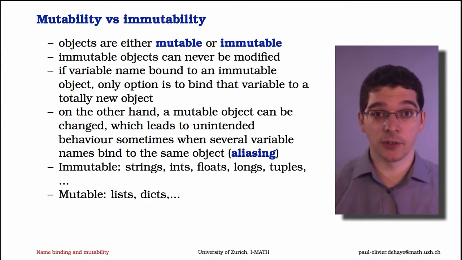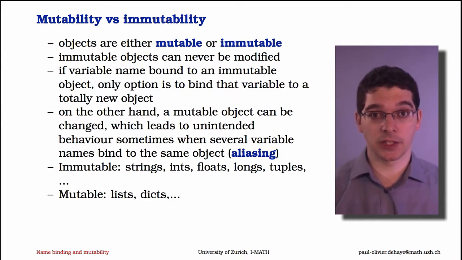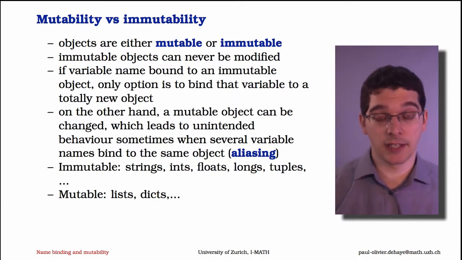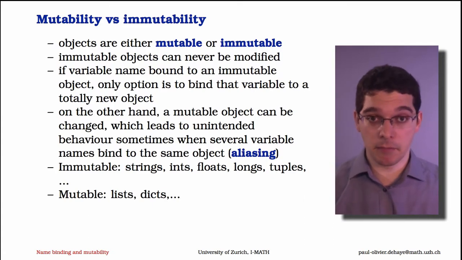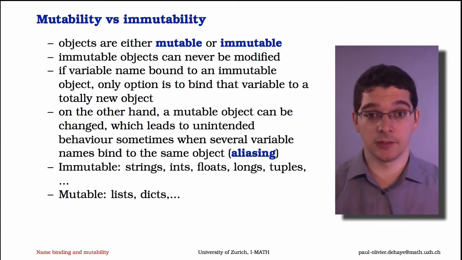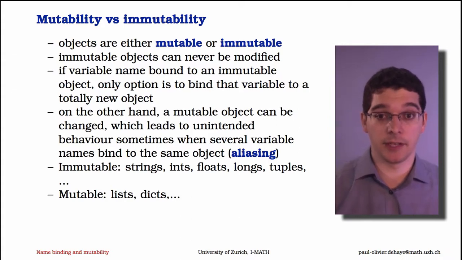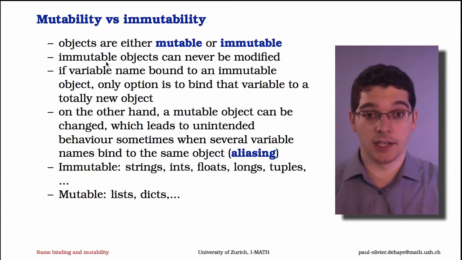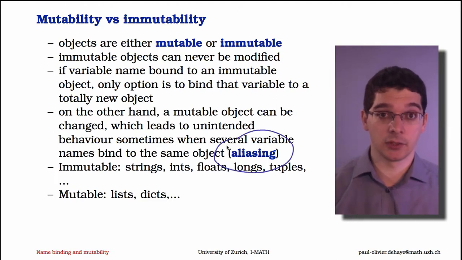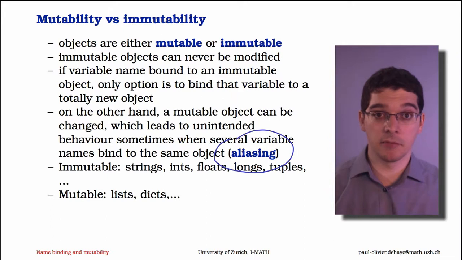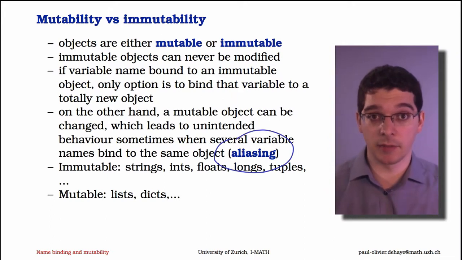Of course, the contrast is mutable objects, which can be changed. And as we saw, this leads to unintended behavior sometimes, or at least behavior that might be unexpected and might lead to bugs. And in particular, this happens when several variable names bind to the same object. This is called aliasing. So before I was aliasing A and B, I was making them point to the same object.